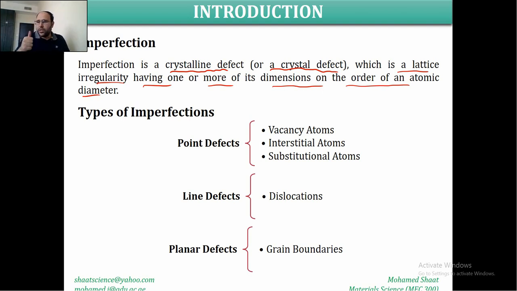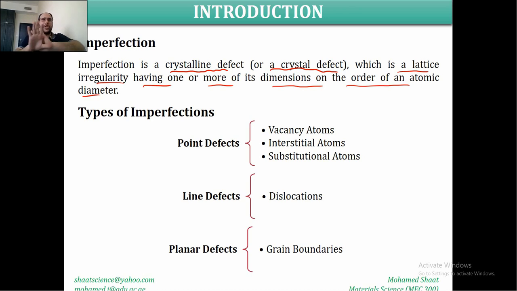It means that the defect could be related to the removal of atoms, or it could be related to the removal of an entire plane of atoms. We discussed the crystallographic planes in chapter 3, and we said that a crystallographic plane represents a plane of atoms.